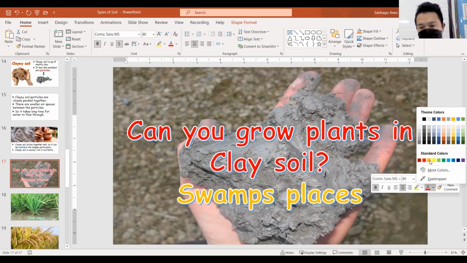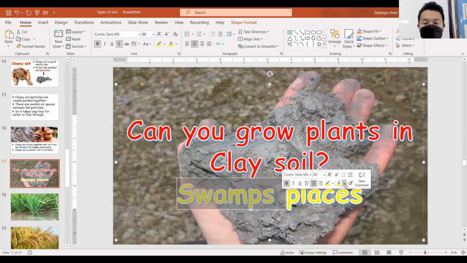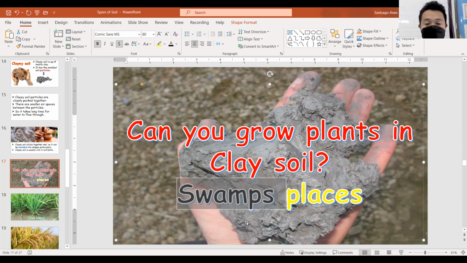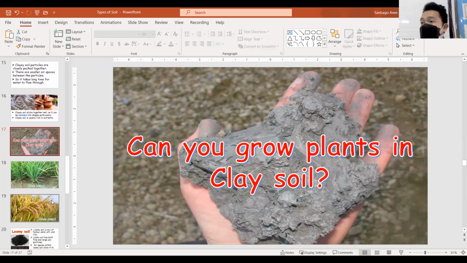In the swamp places like this. Swamps. Yes, you can find this one in swamp places. So thank you. Right, so can you grow plants? Yes, we can grow plants like rice and so on.